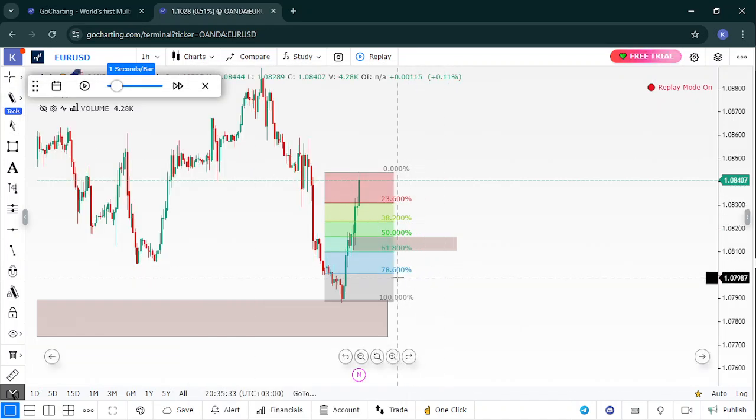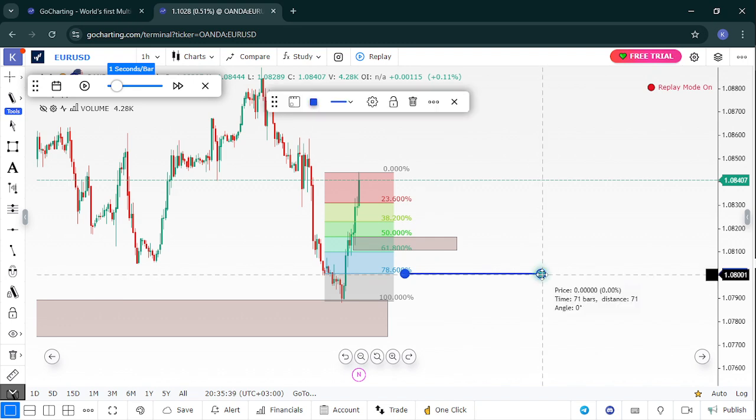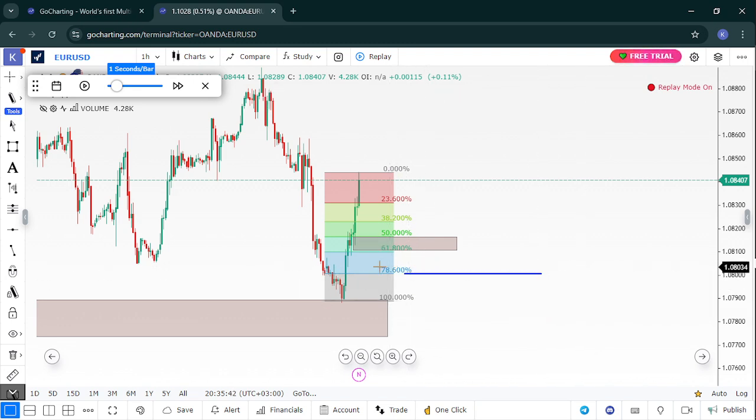You cannot go in losses. Let me hope that you are seeing where I placed my stop loss. My stop loss is placed at 78 or 79. It's 79%.